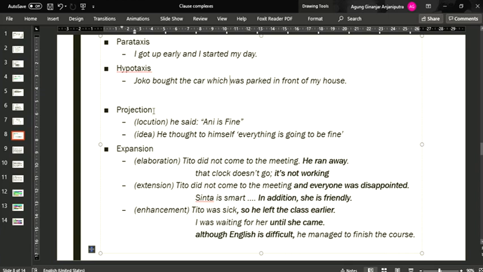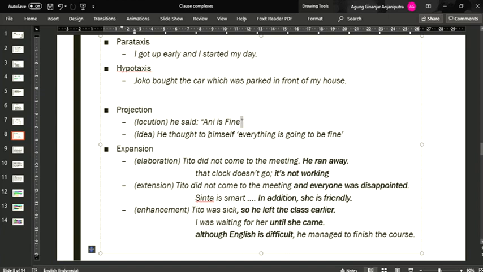And projection. In projection, there are two things that can be projected. The first one, locution. He said, "It's fine." The symbol is, what is it? Quotation mark. And we can also project ideas.